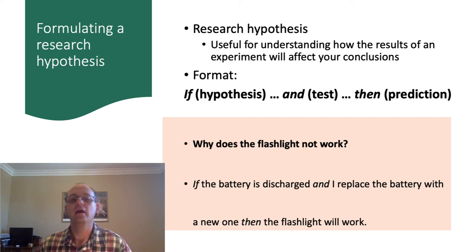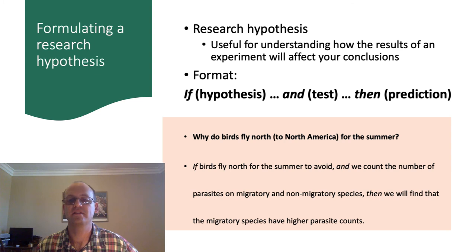In this example, we're interested in why birds make the long, dangerous journey from Central and South America to North America. We might reason that they migrate to escape parasites that are common in the south. So we might say, if birds fly north in the summer to avoid parasites, and we count the number of parasites on migratory and non-migratory species, then we will find that the migratory species have the higher parasite counts.